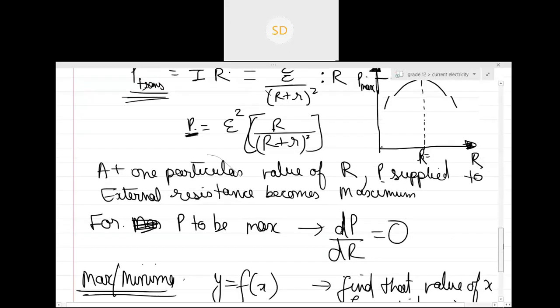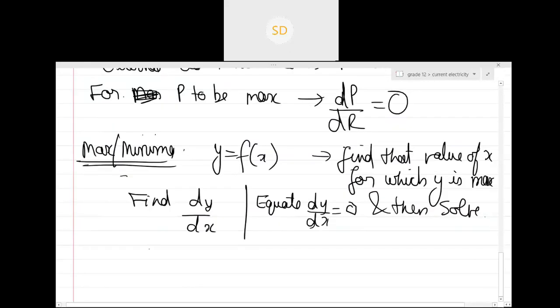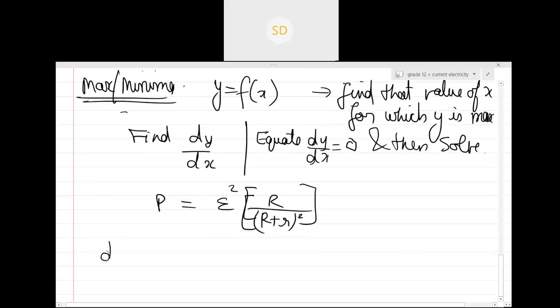So shall we differentiate? The function for power is E square into R upon (R plus r) whole square. Let's find dP by dR. E square is a constant in multiplication, so it will remain. The R and the (R plus r) whole square is of the form u by v, so we use the quotient rule.